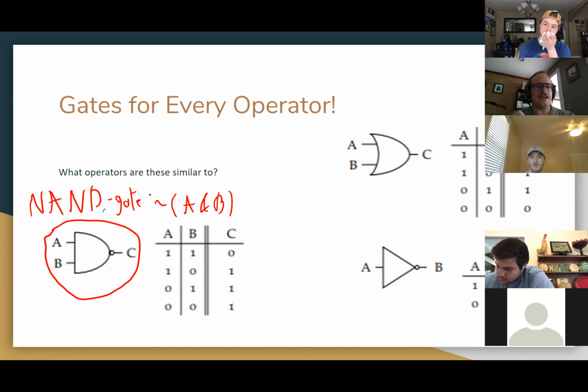So, as you guys may be realizing at this point, what we're coming up with is a way to design circuits based off of TFL expressions. So this is going to be an important thing for doing assignments later.